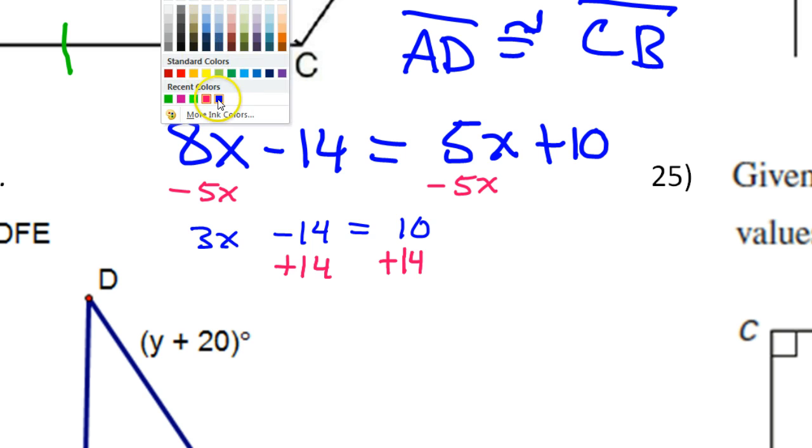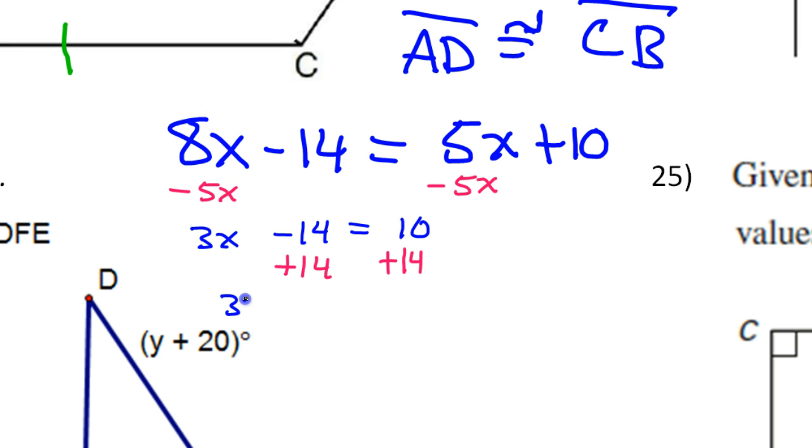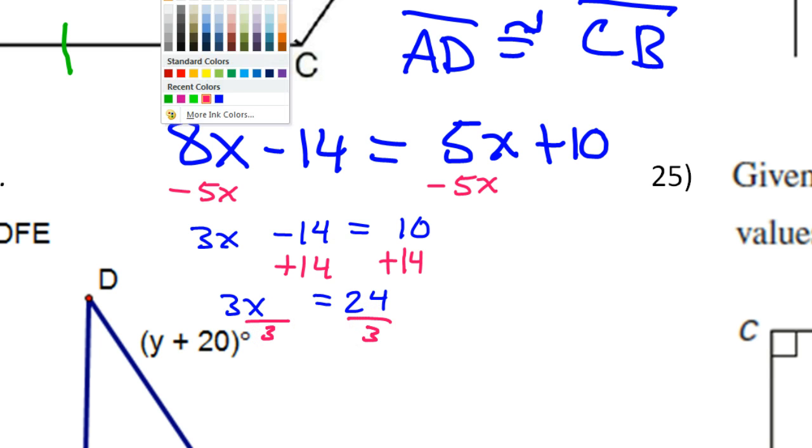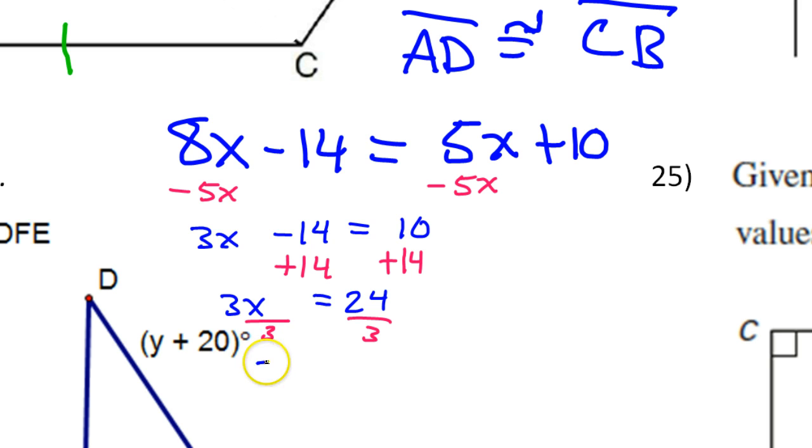And that will give us 3x is equal to 24. Then it is time to divide both sides by 3. And that will give us x is equal to 8. All right, so that's one of the things we're supposed to find.